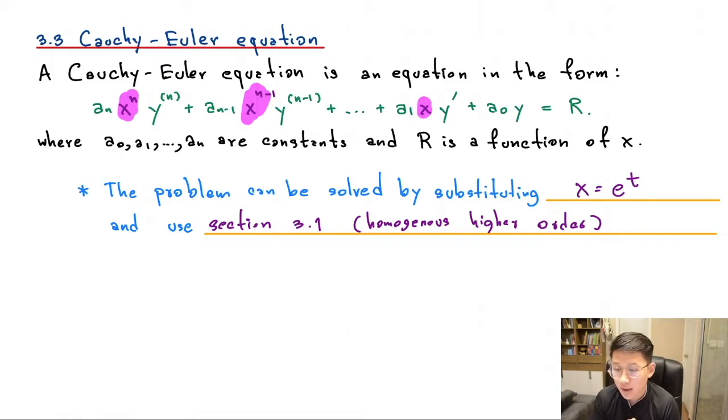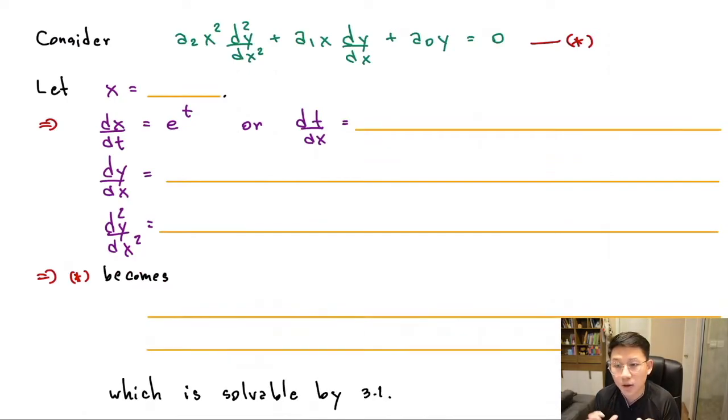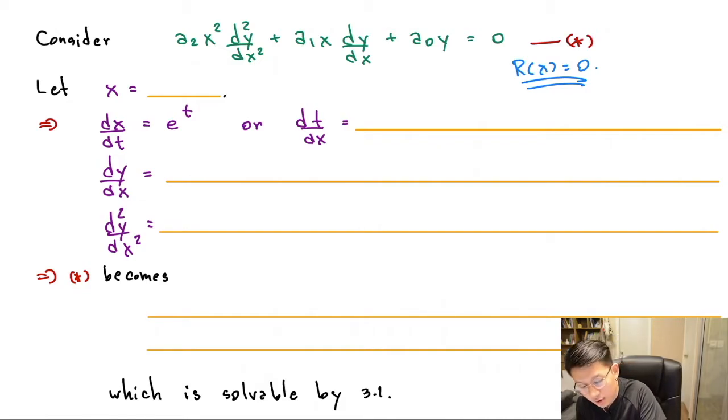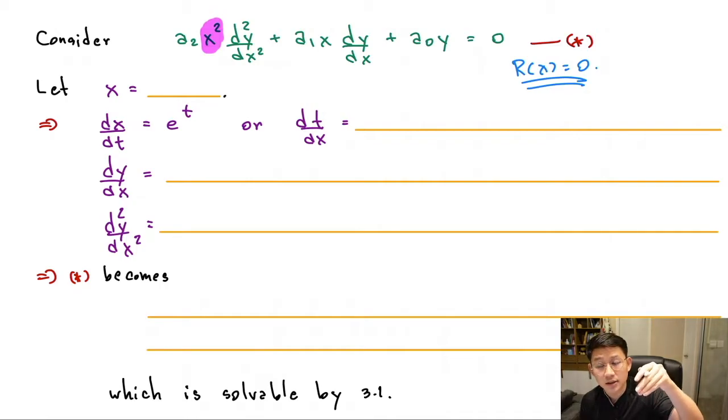Let's look at it a little closer. First, let's consider a specific Cauchy-Euler equation for x greater than 0, so that we can see how to solve it, and then we can go to more general cases.